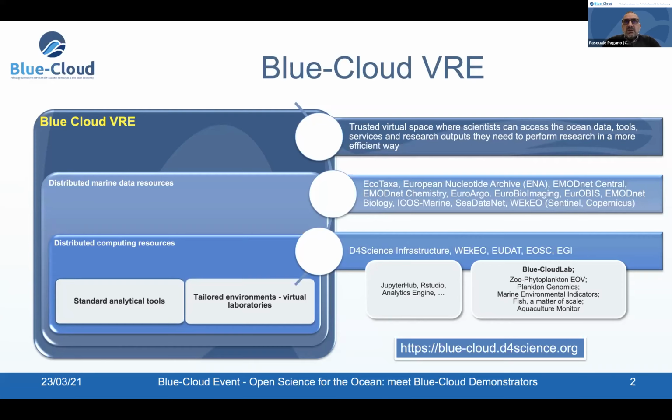We made them integrated in the digital infrastructure in such a way that you can easily access and exploit them on large computational resources, like JupyterHub, RStudio, an analytics engine, and so on.